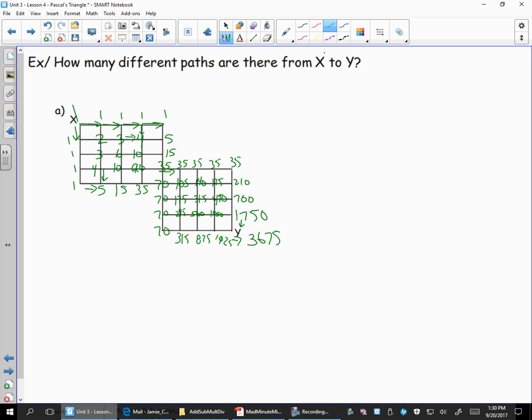So if you're driving from X to Y, and you're allowed to take any roads you want to, as long as you don't go back on yourself, you end up with 3,675 paths.